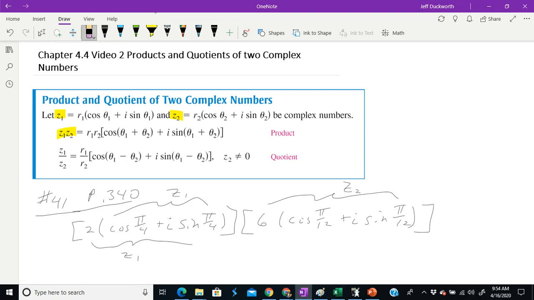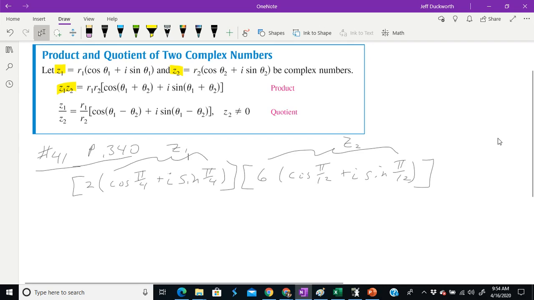Need a little bit more room, and I want to keep our formulas here so we can reference them. So we'll scroll down a little bit to give us more room, but that'll still keep that in view. All right, so our R1 is 2, our R2 is 6.